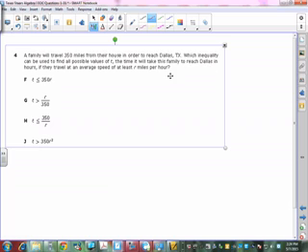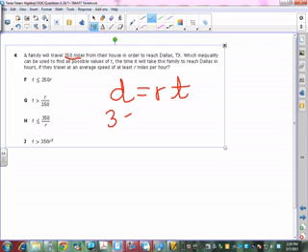Okay, let's look at this one now. They are going to travel 350 miles, and which one best represents the time? We need to know the distance formula. Distance is equal to rate times time. So the distance is 350.